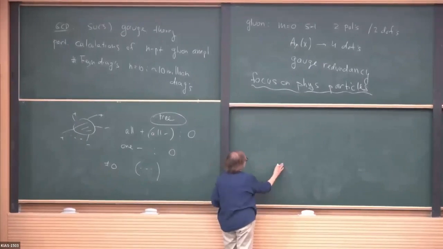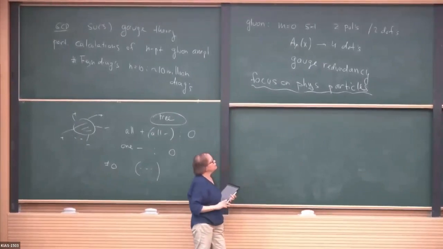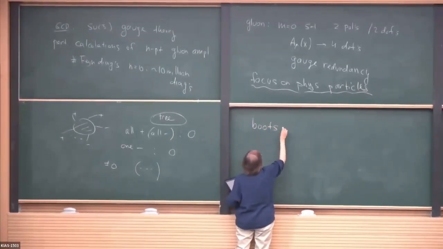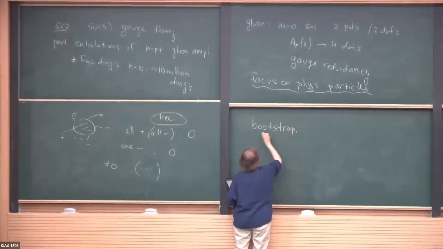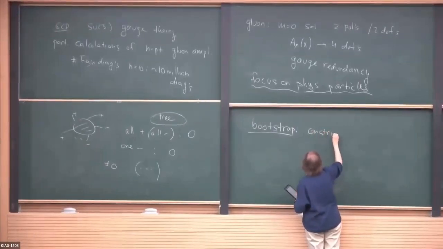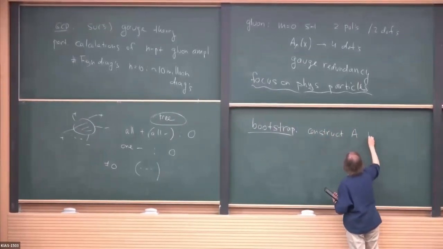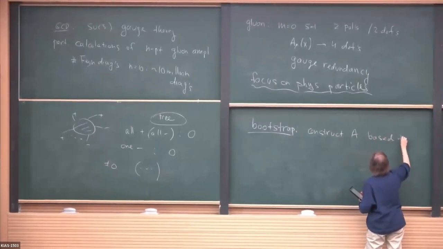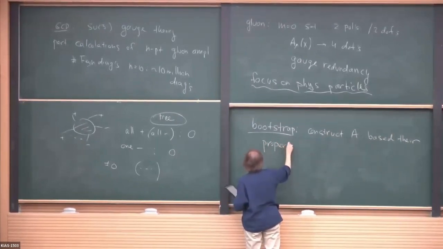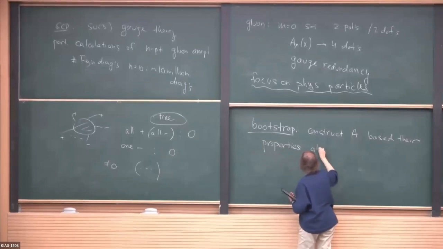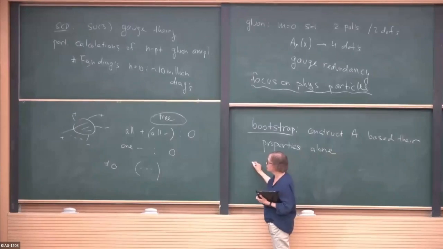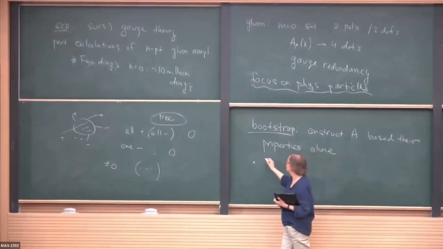Okay, so the main thing I want to emphasize about amplitudes is what's called the bootstrap. So what is the bootstrap? The bootstrap means that you construct amplitudes based on their properties alone. So how does that work? You start from the simplest amplitudes. The simplest amplitudes are 3-point amplitudes.